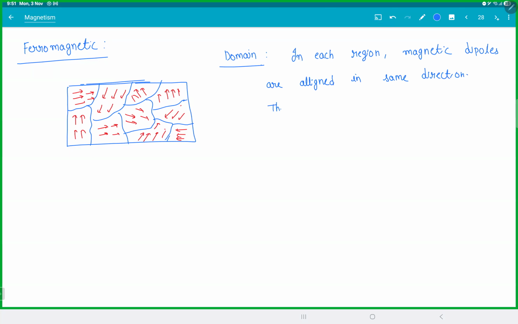And these domains are randomly placed. Therefore, mu net is 0. So in all three materials, the net magnetic moment is 0. If you don't apply any external magnetic field, you can't tell the difference. Only when you put the external magnetic field will you see they act differently.